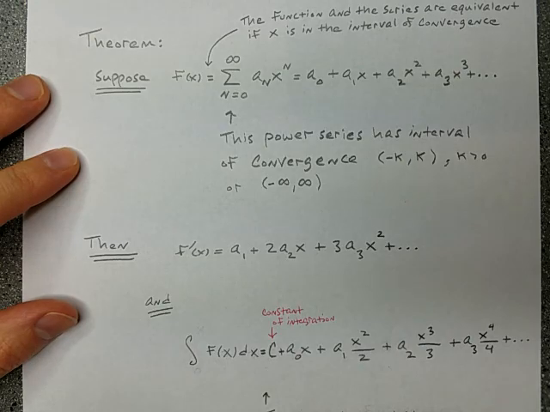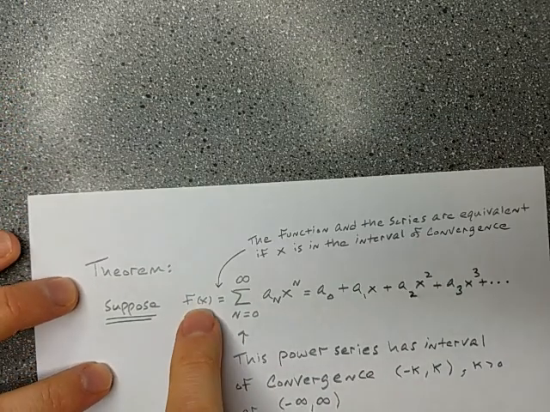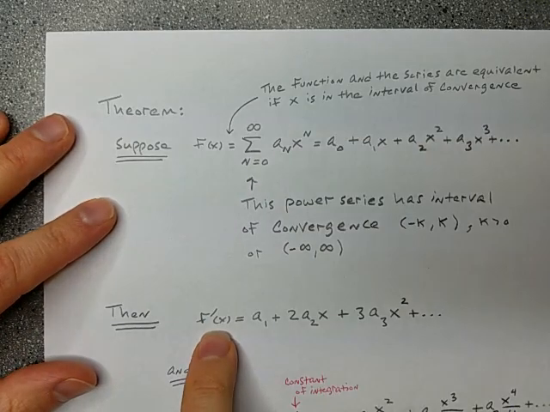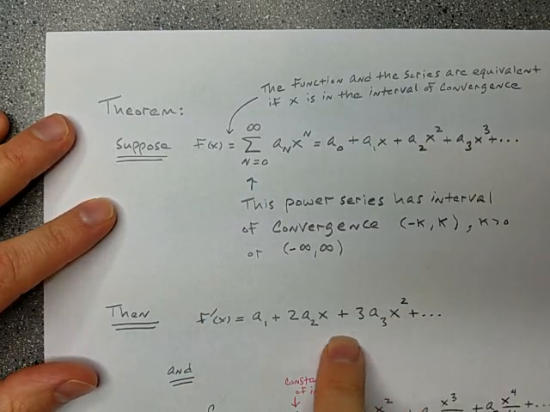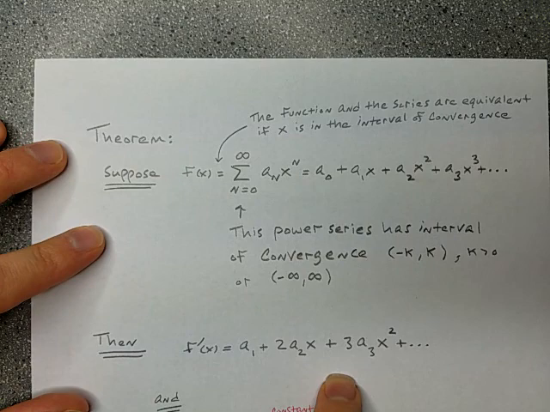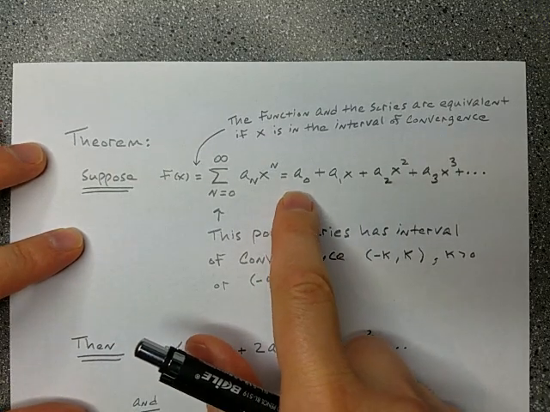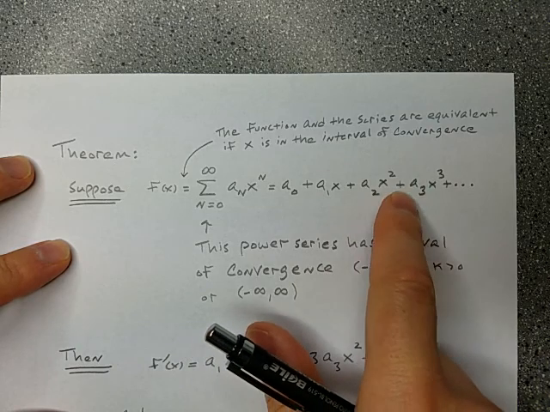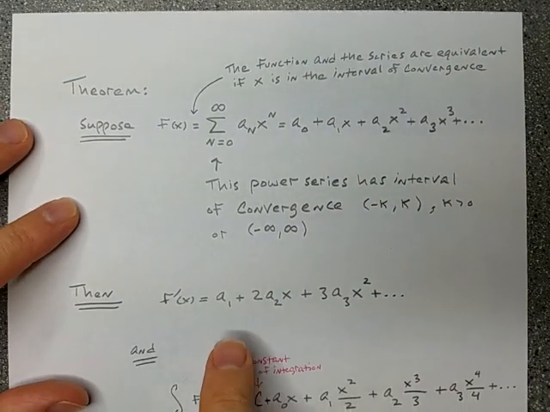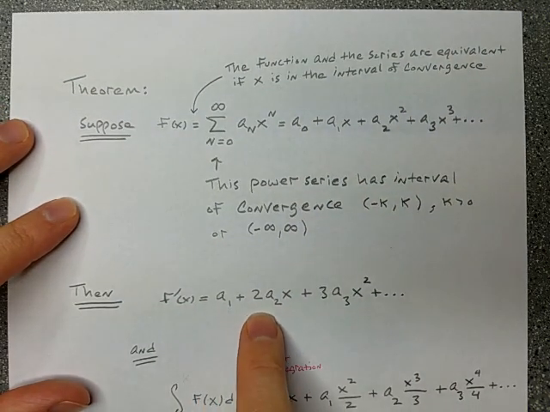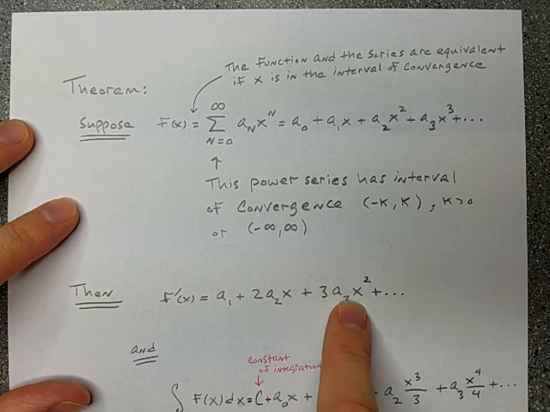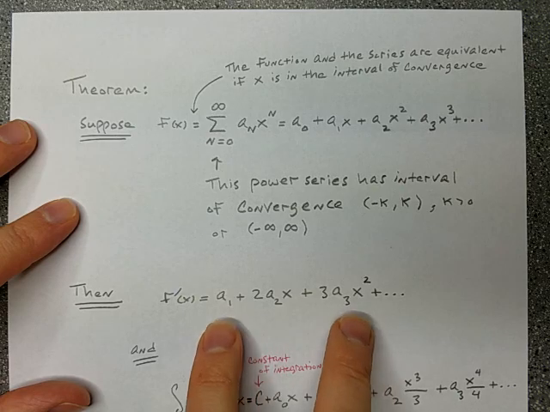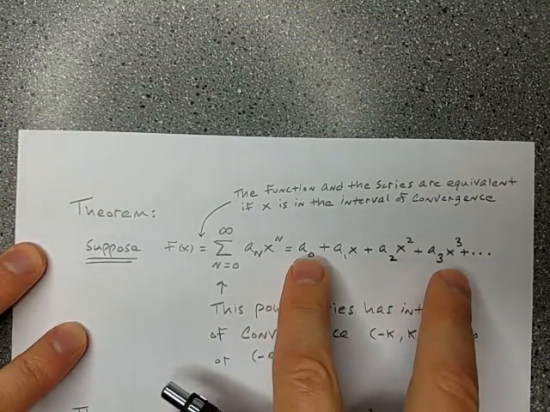If f of x is equivalent to this series, then f prime is equivalent to this one. What's the derivative of a naught, which is a constant, plus a1x plus a2x squared plus a3x to the third? You're going to get a1 plus 2a2x plus 3a3x squared. This series is the term by term derivative of that one.